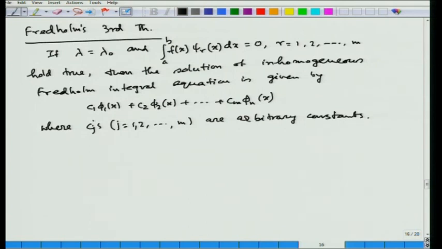This is the infinite number of solutions for the inhomogeneous Fredholm integral equation.